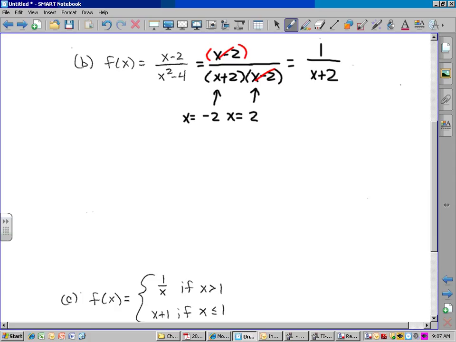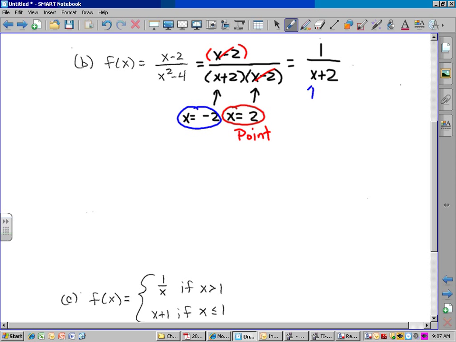So x equal to 2 is going to be a point discontinuity because that restriction canceled. X equal to -2 is still part of it, okay?